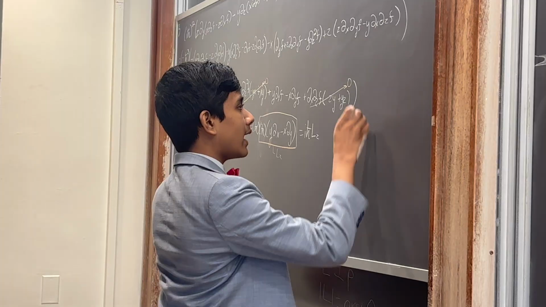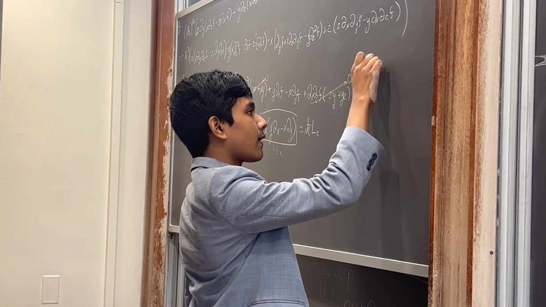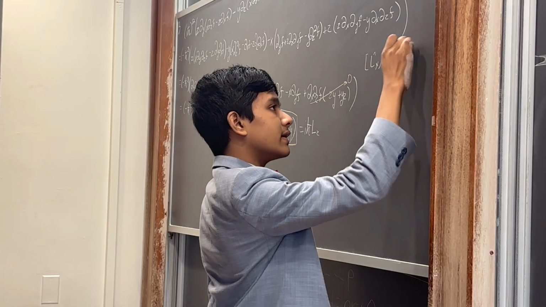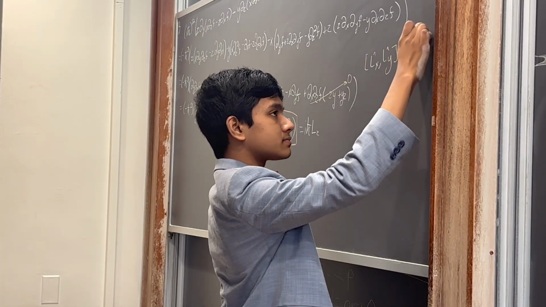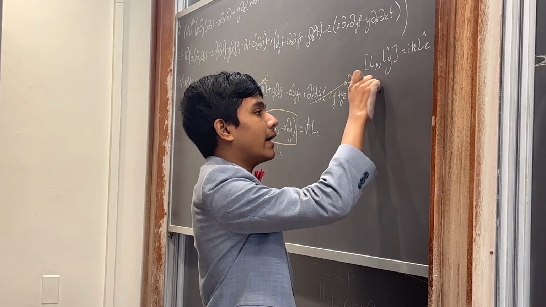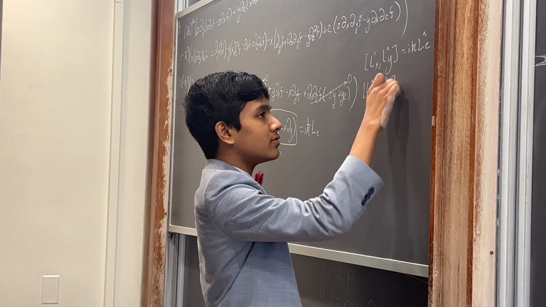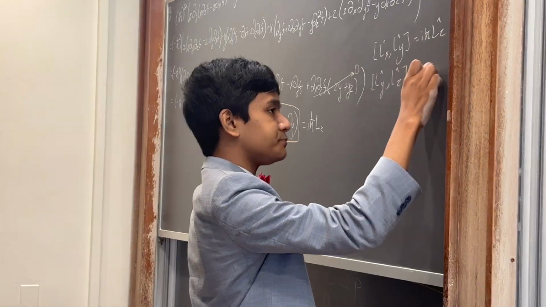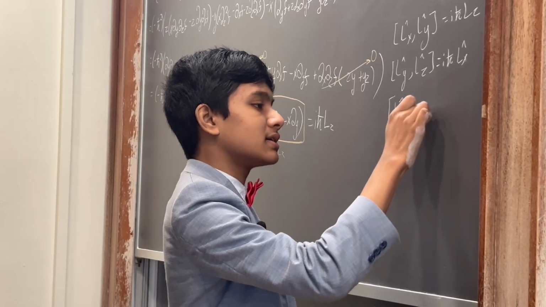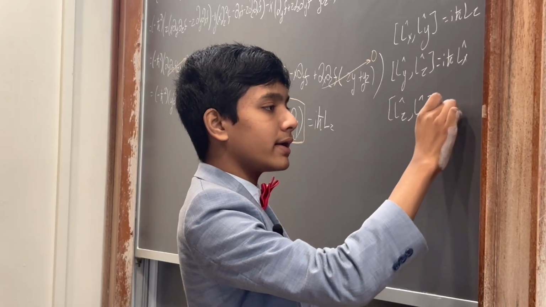So we know that the commutator of Lx and Ly gives us i h bar Lz, and by cyclic permutation, that means Ly and Lz give us i h bar Lx, and Lz and Lx give us i h bar Ly.